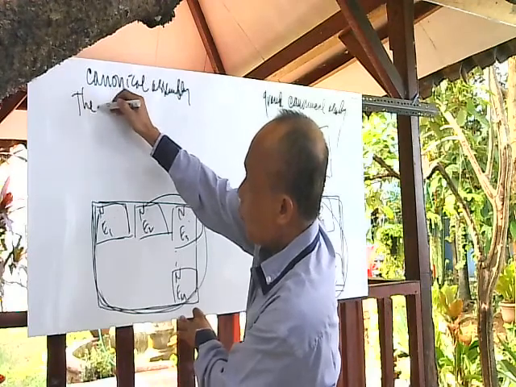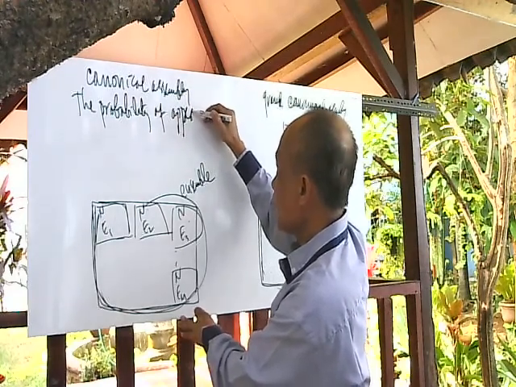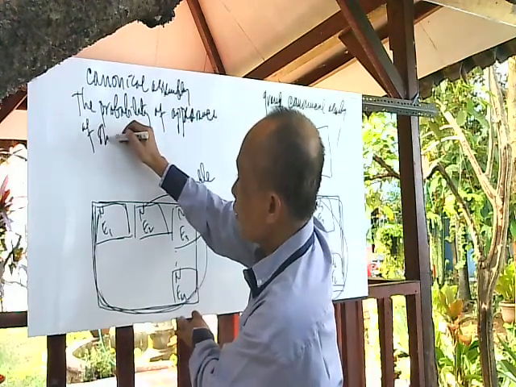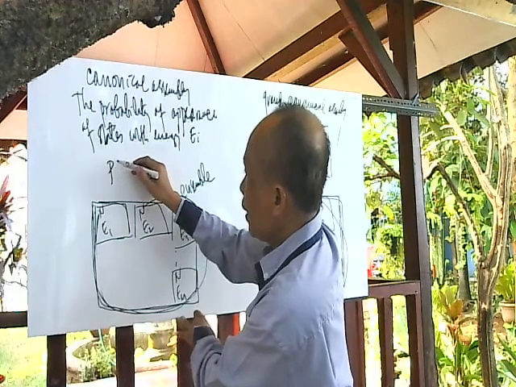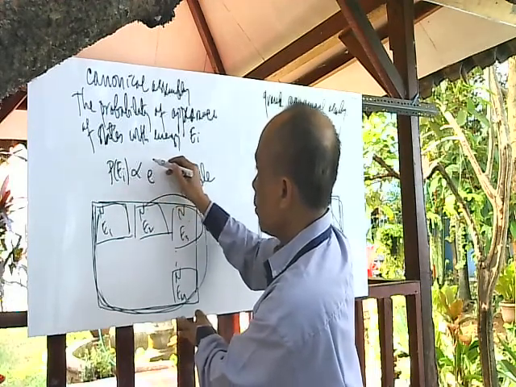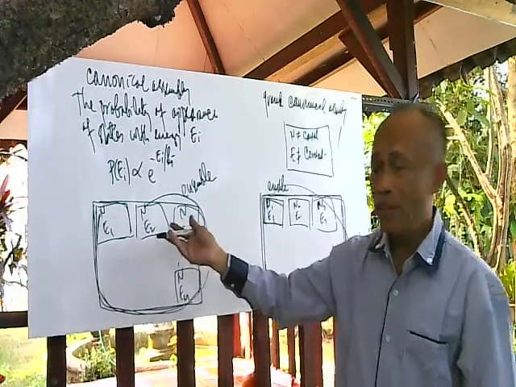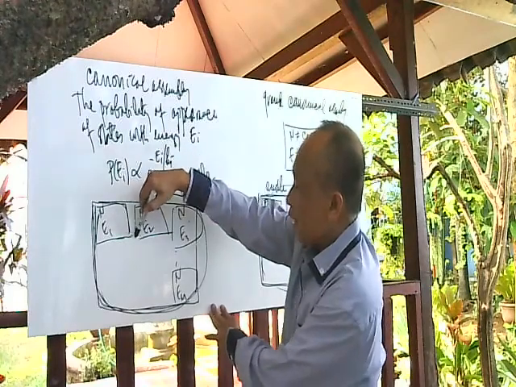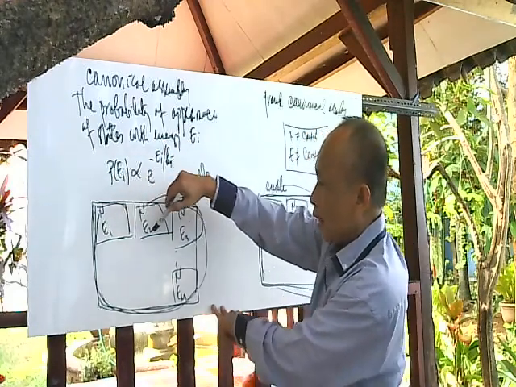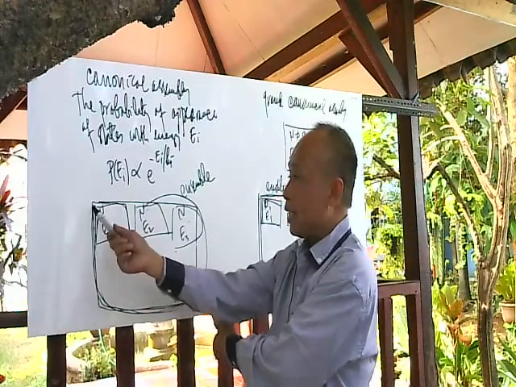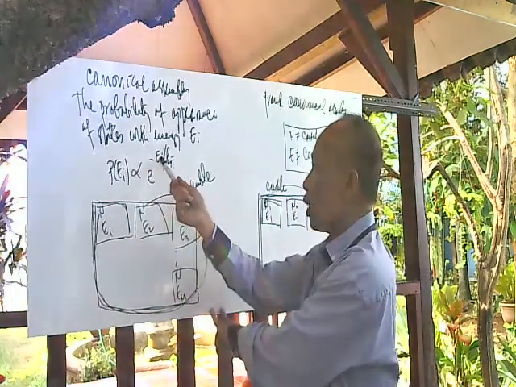So we have introduced the probability of appearance of states with energy Ei, P(Ei), is proportional to exponent minus Ei over kT. We introduced in the earlier video that because the assemblies listed here have the same number of particles but differ in energy, the probability of finding assembly with energy E1 is proportional to exponent minus E1 over kT.